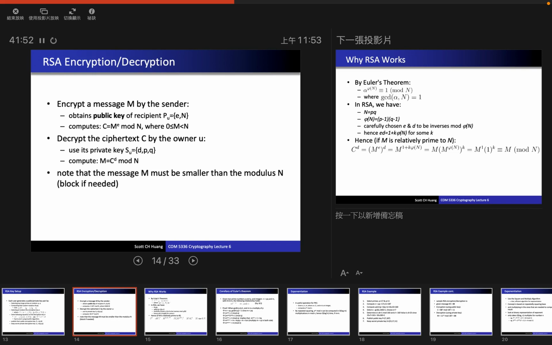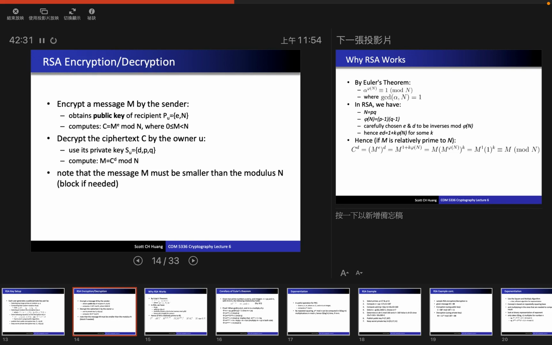So to crack RSA, given the public key E and N, if you can compute D, then RSA is compromised. So, given E and N, find D. In this case, RSA is compromised.